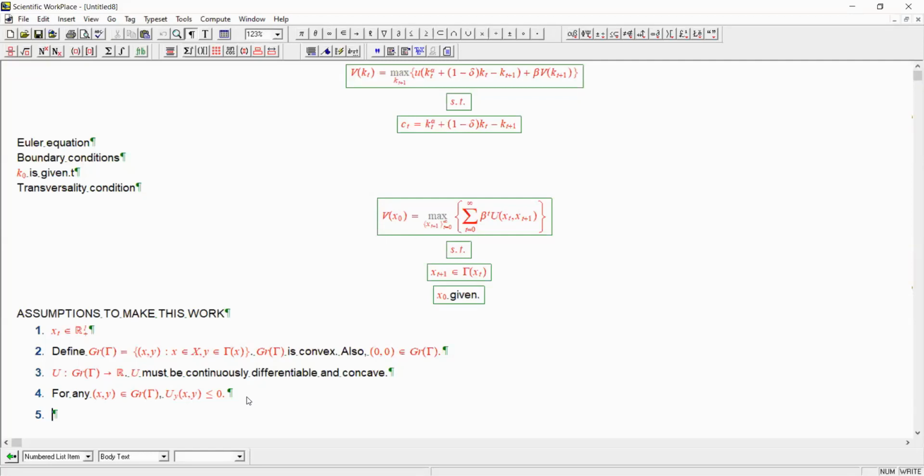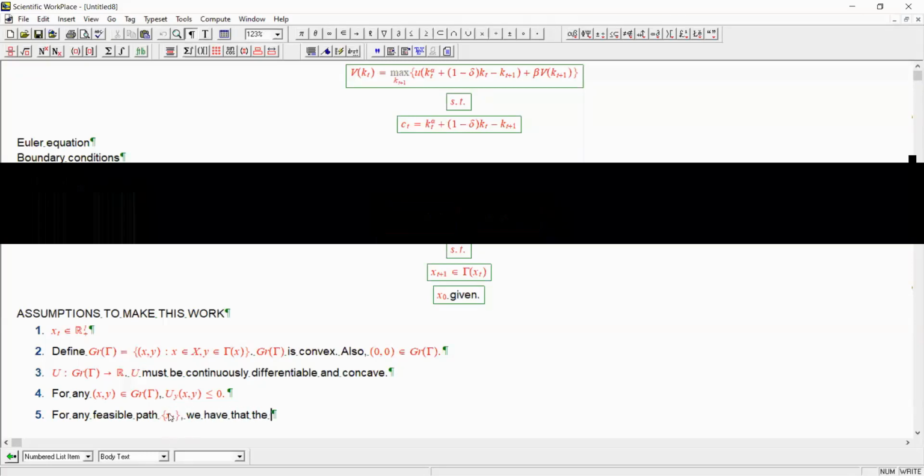Finally, for any feasible, that means allowable path xt defined at all dates, we have that the following limit exists.